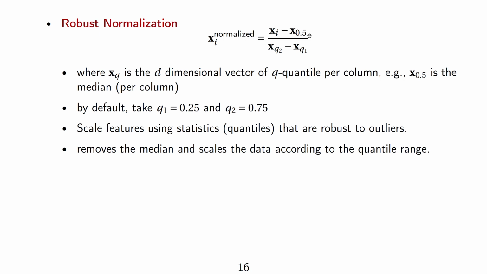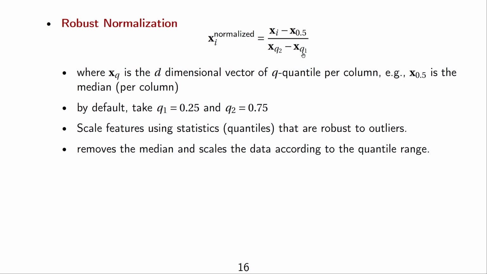More generally, we also use quantiles, so x subscript q refers to some quantile, and here we use two quantiles. For example, this could be the 25 and 75 percentile.